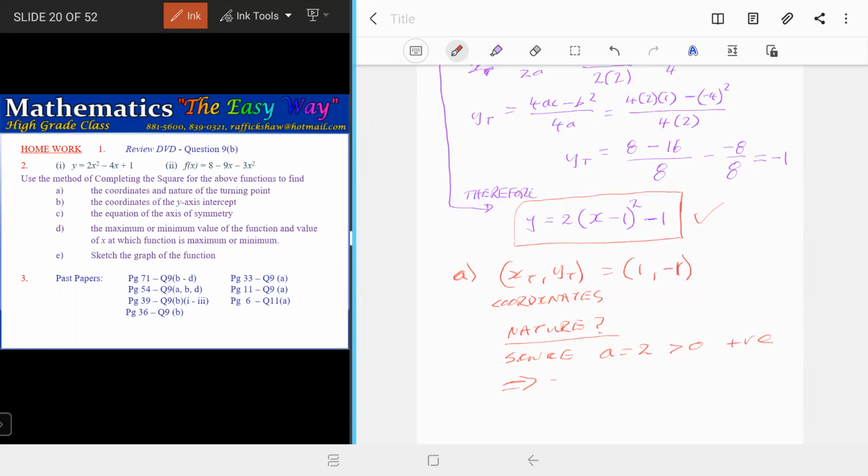Because when it is positive, the graph will feel nice and smile. And when it smiles, it has a minimum. So we can say, since it is positive, we have a minimum turning point.